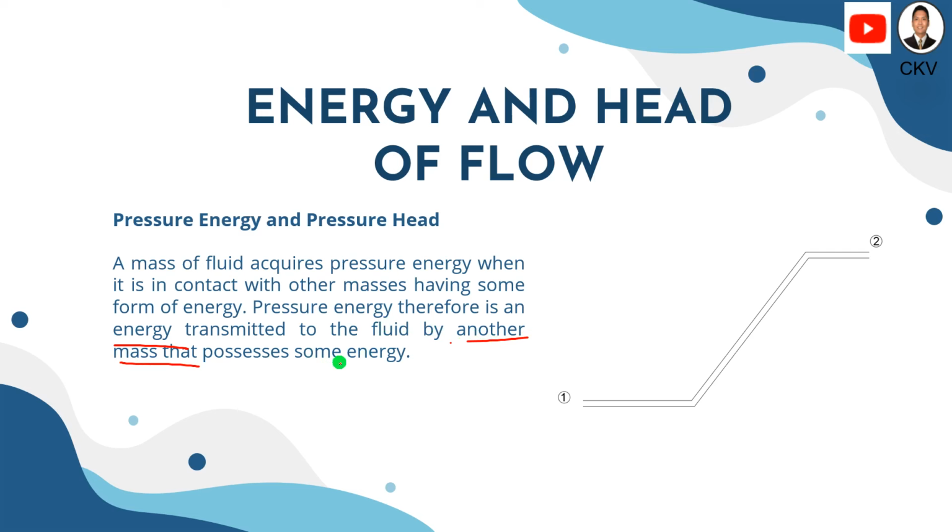So pressure energy is also under the potential energy, and we have an equation for the pressure energy of W multiplied by the pressure divided by the unit weight. Okay, so the pressure head, if we divide it by the weight, we will have the pressure divided by the unit weight of the fluid.